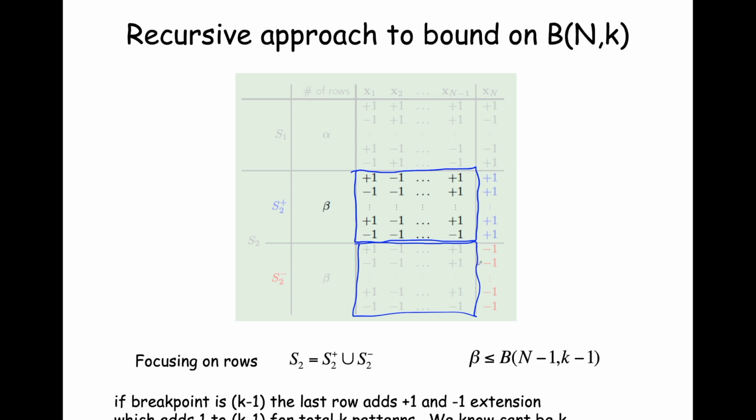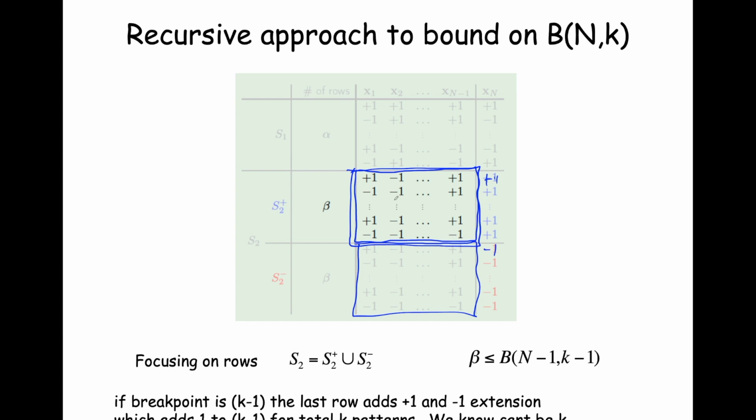Now, if we had a breakpoint for this first subset, S2 plus, if that breakpoint were k, what would happen here? Well, we could extend this by having another copy with the nth position as +1 and the nth position as -1 for each one of these respective rows in S2 plus, and that would double the size and the count of the number of dichotomies.